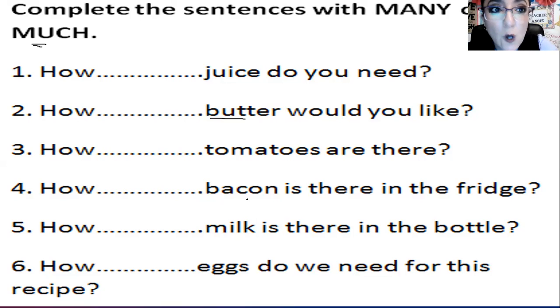Now, bacon, countable or uncountable? What do you think? It's uncountable because remember that bacon can be cut into small pieces. That's the reason why we are not going to use that.